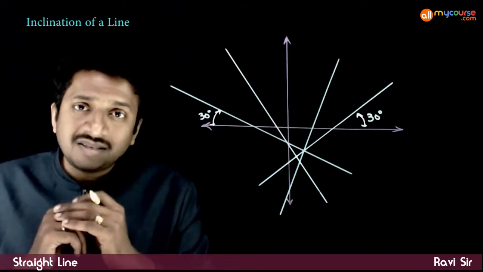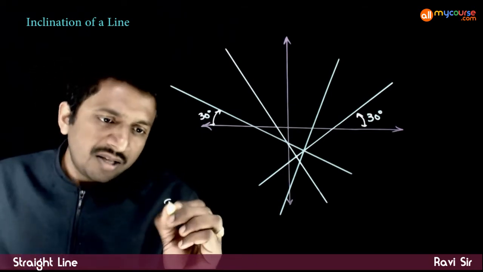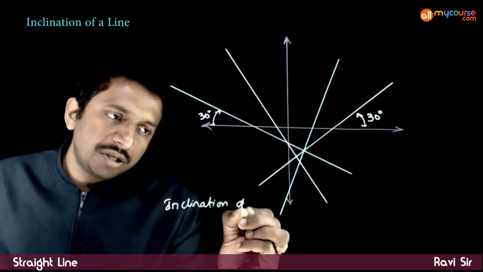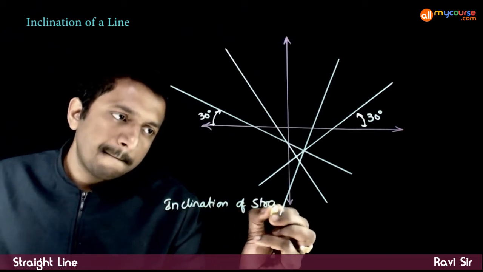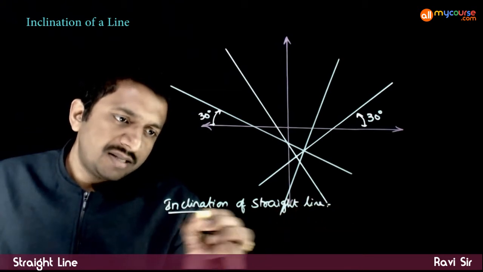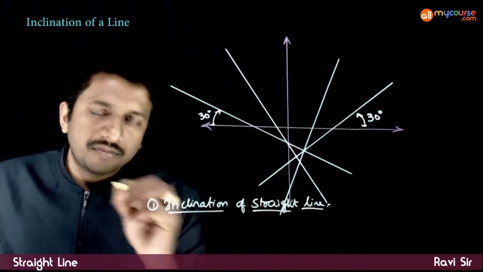So to understand this, we have a new term called inclination of a straight line. So let us see what this means.